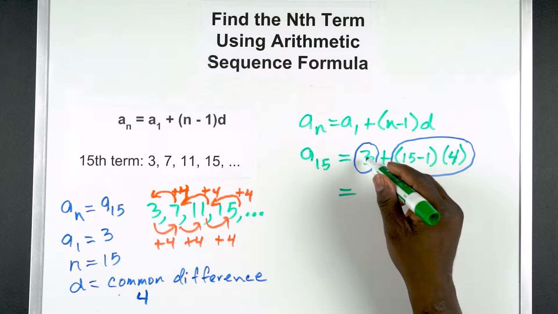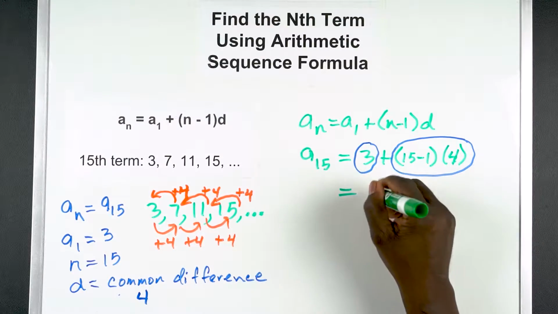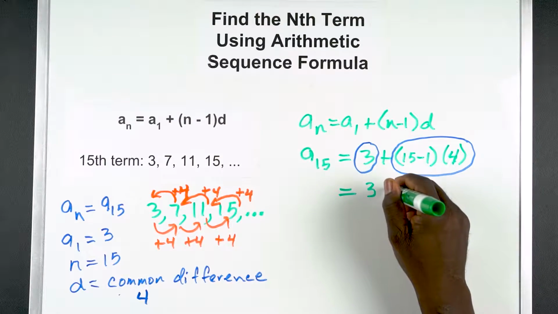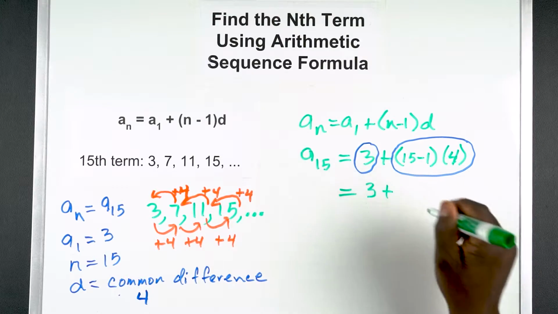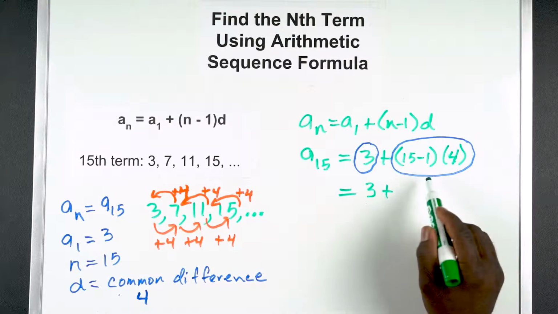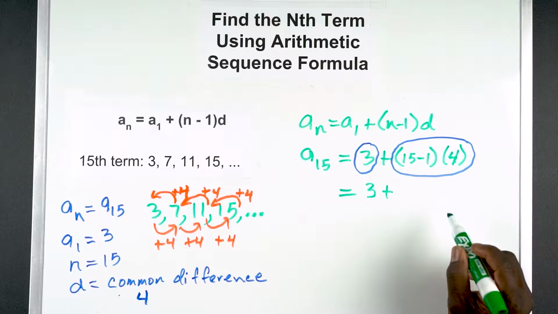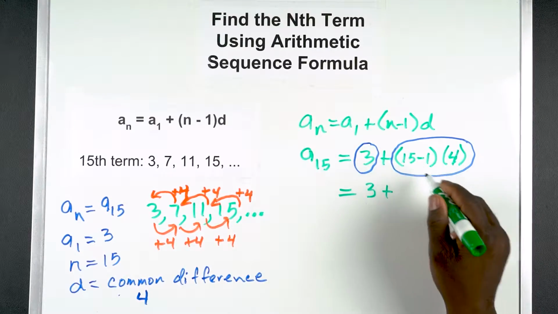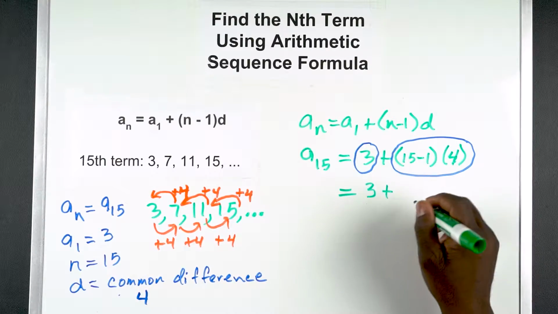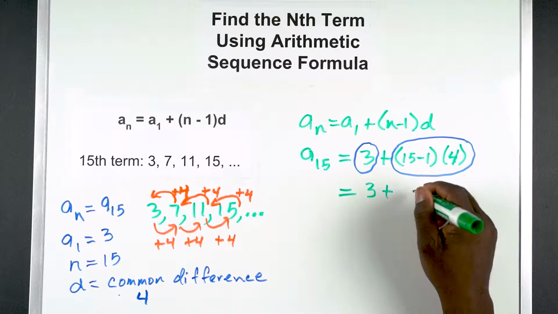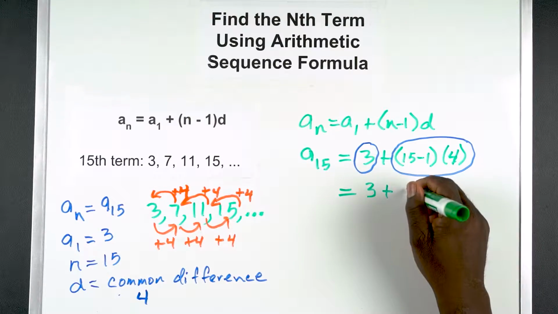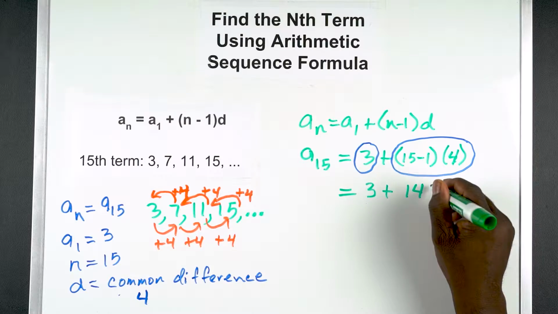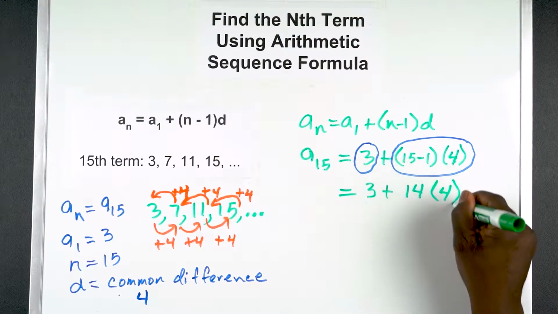There's nothing to do with 3, so we just bring the 3 down, and then we bring down the plus. Now, here we have parentheses and multiplication. Of course, we do what's in parentheses first. So I'm going to write 15 minus 1, which will give me 14, times 4.